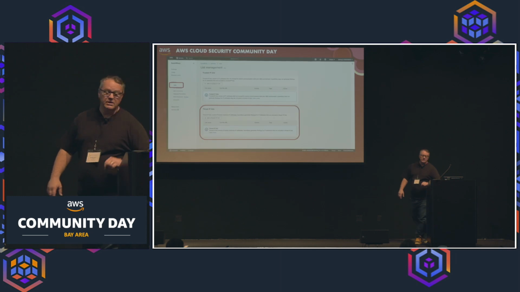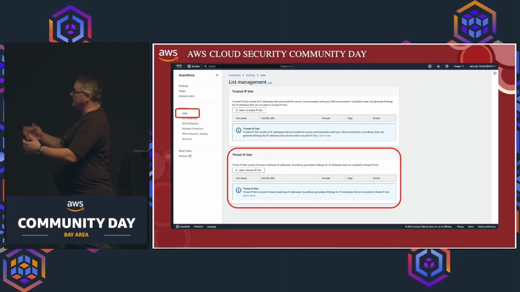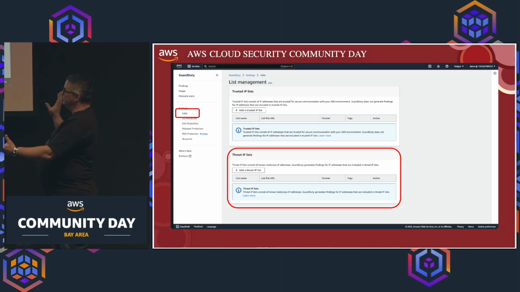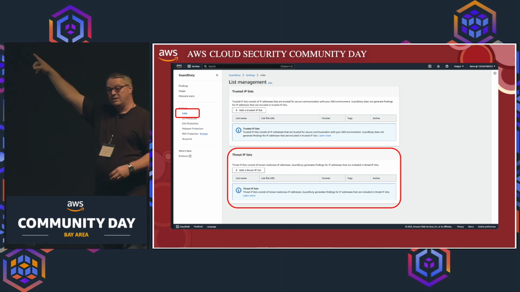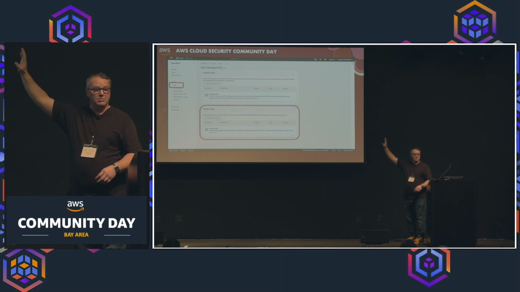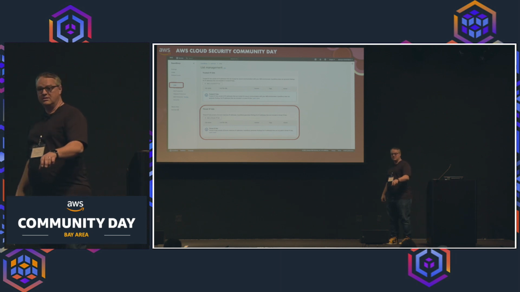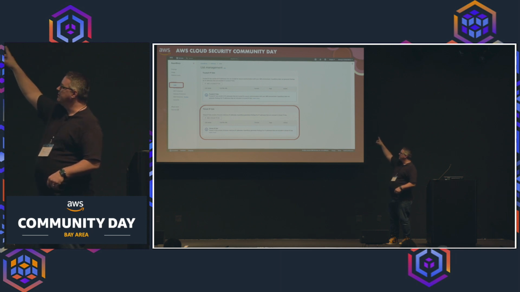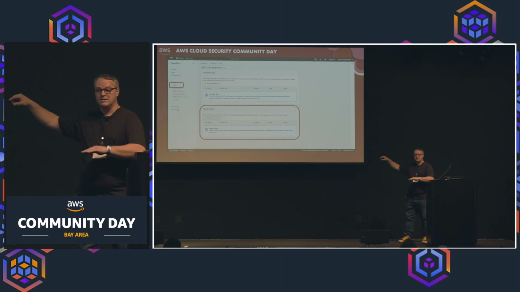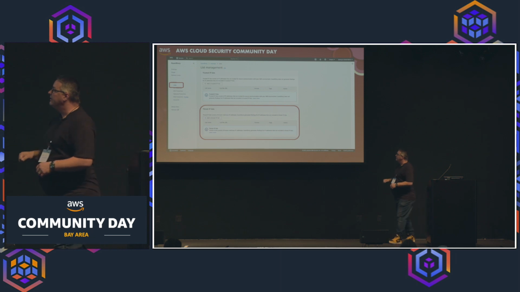With that, I go back into my GuardDuty interface. I go to lists, and down to the bottom. There is a trusted IP list at the top. I'm not worried about that one right now, but if you want to make sure certain addresses are trusted, you put them in the list at the top. The ones that you want to make sure are blacklisted, that you don't trust, you put them in the bottom. That's what I'm doing here.